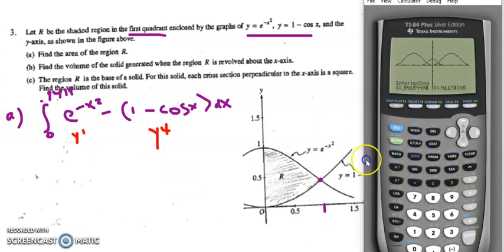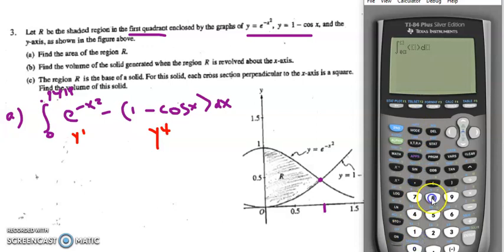Now remember that we put y1 as e to the negative x squared and y4 as 1 minus cosine x. So I go to the home screen and I basically want to integrate, so I'm going to do alpha f2, and then choice 4 is the integral.